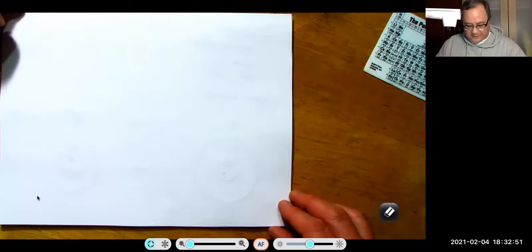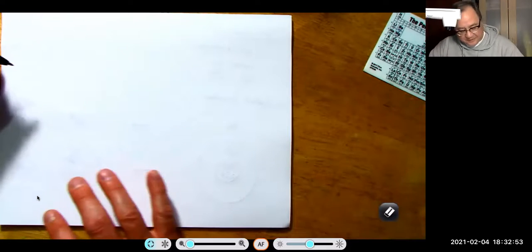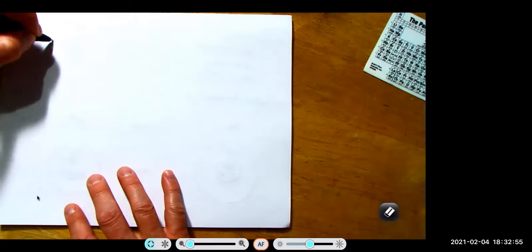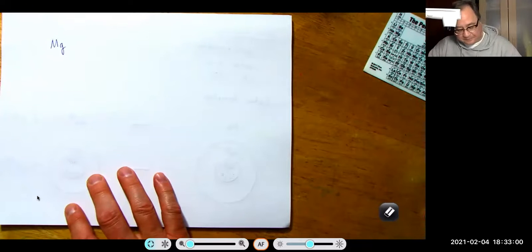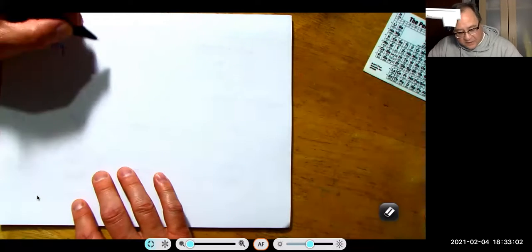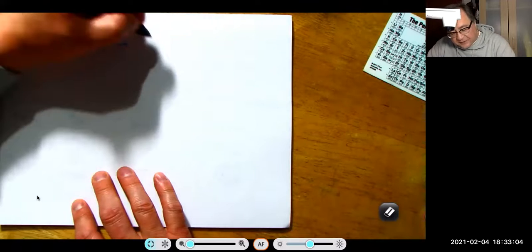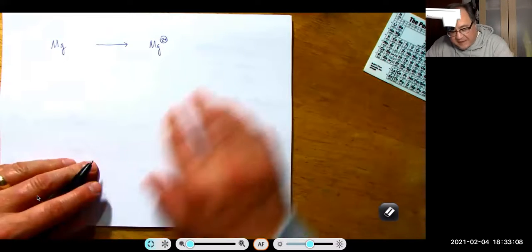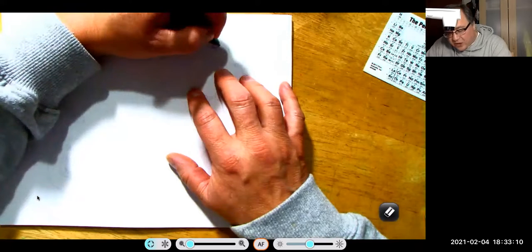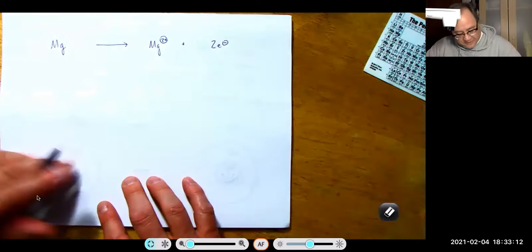So now what I'm going to draw for you is something else. Magnesium can become an ion. And what it does is it becomes a +2 ion. And that means that 2 electrons come off of it.